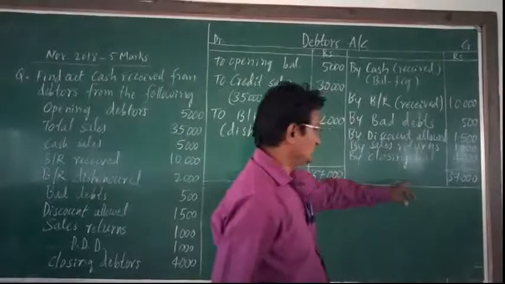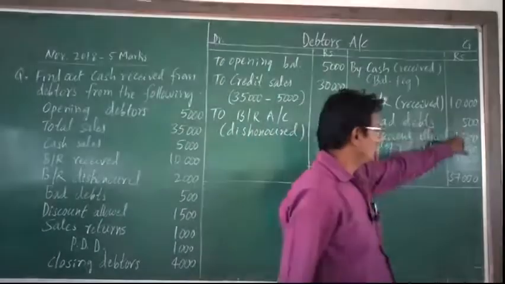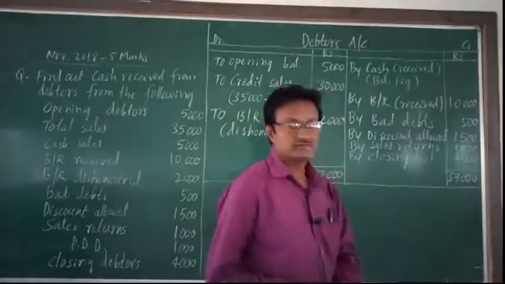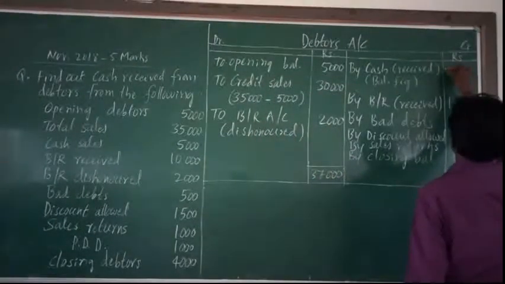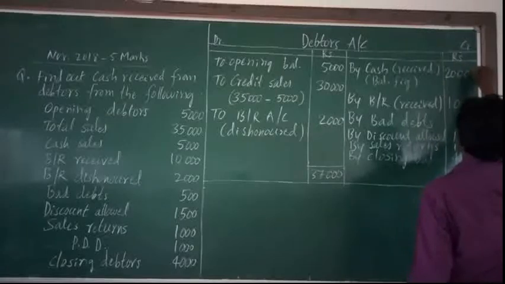The difference out of 37,000, all these 5 items are deducted, and the difference is 20,000.